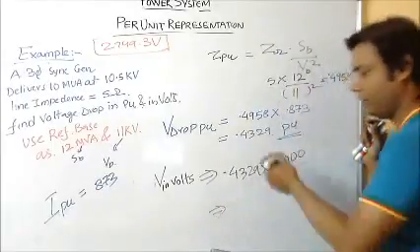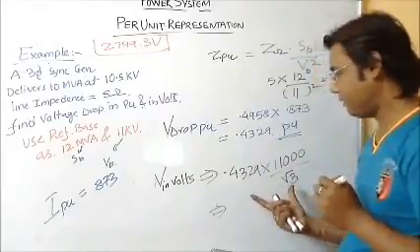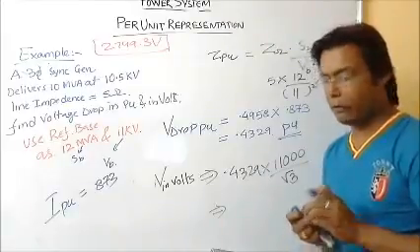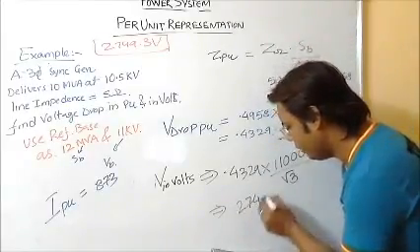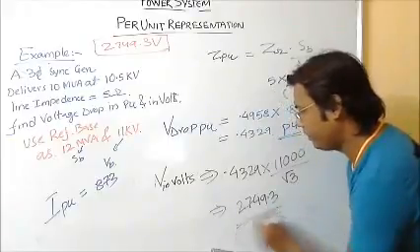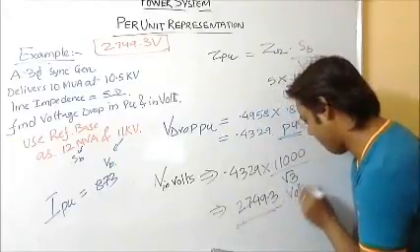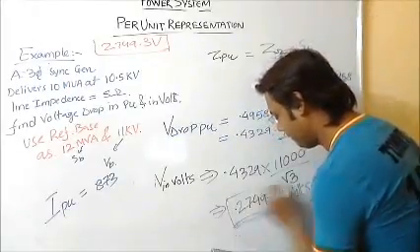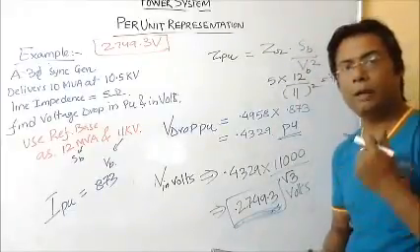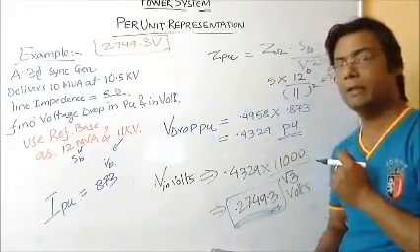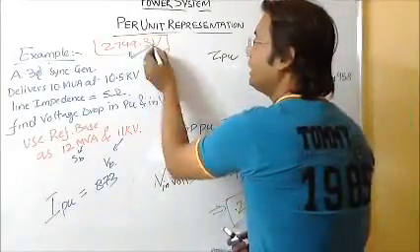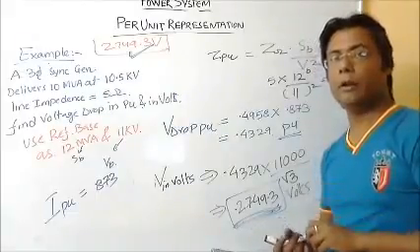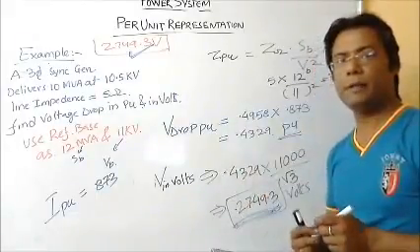If I solve this, it will be almost 2749.3 volts. So we can see that this V in volts from the procedure of reference base is equivalent to the same thing which we got previously by the direct way also. So these two ways which we have seen are the same.